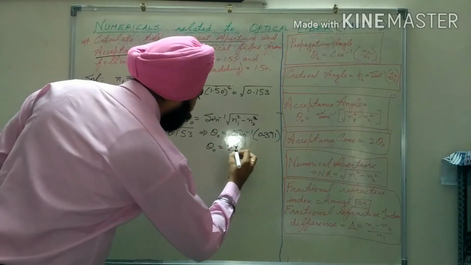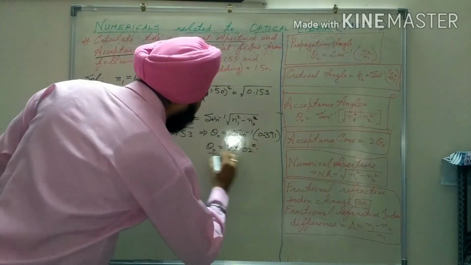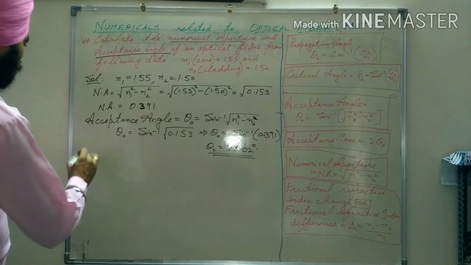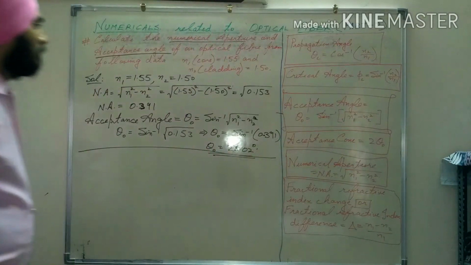Acceptance angle becomes 23.02 degrees. This you can get from the log table.